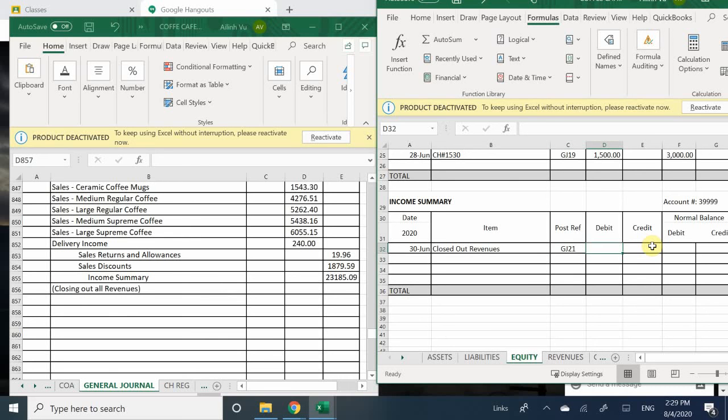So notice that I wrote it on the credit side. So I have a credit balance of 23,185.09. So 23,185.09 is going to be my credit for my income summary.